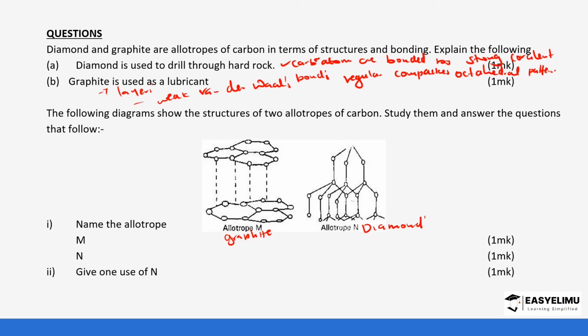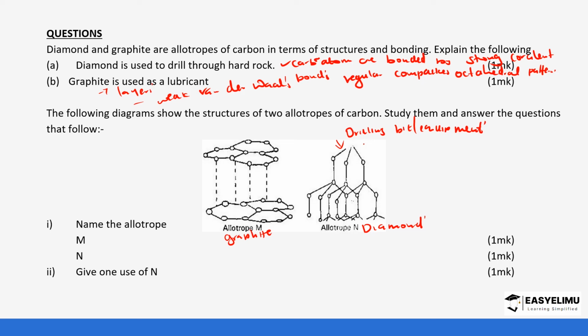Give one use of N. So one use of diamond, it is used to make drilling bits or equipment. You can go ahead and tell why. It's because the carbon atoms are bonded by strong covalent bonds and are packed in a regular octahedral pattern.